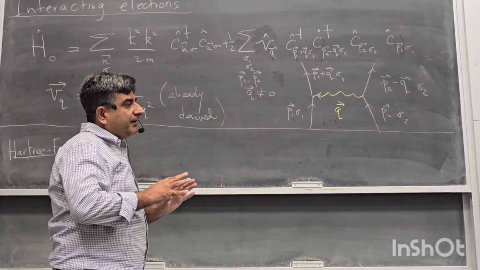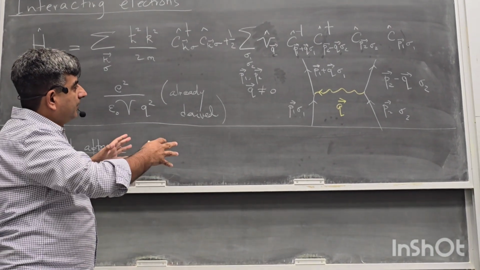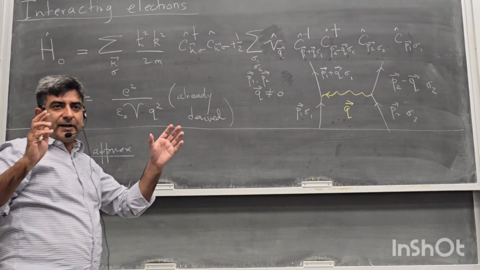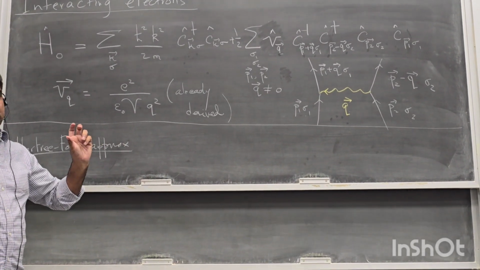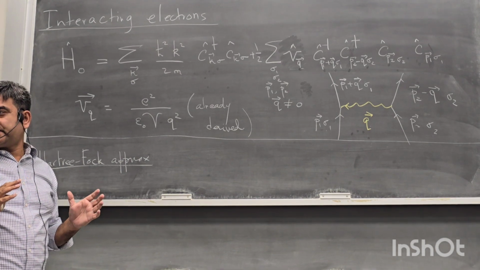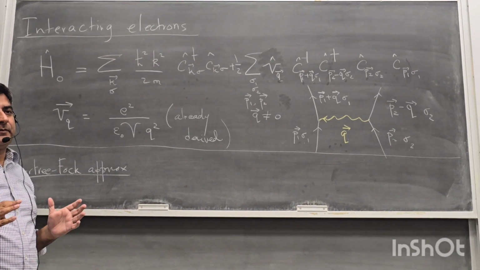The direct interaction is, if you want to compute the energies, we would like to sandwich this Hamiltonian inside the Fermi states, with all the K states filled up to the Fermi level.